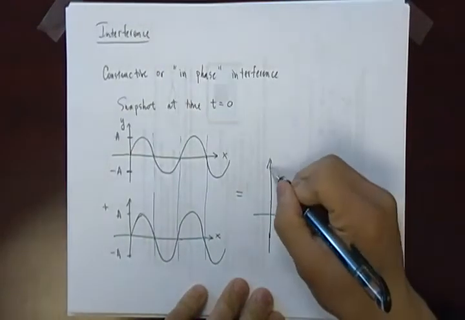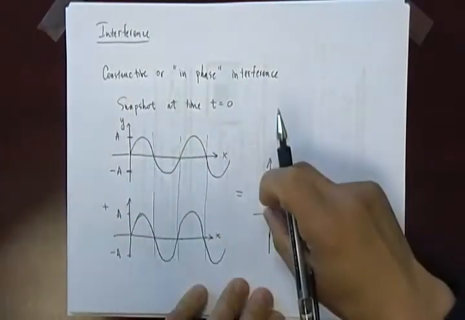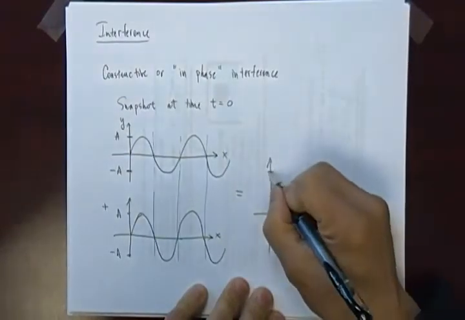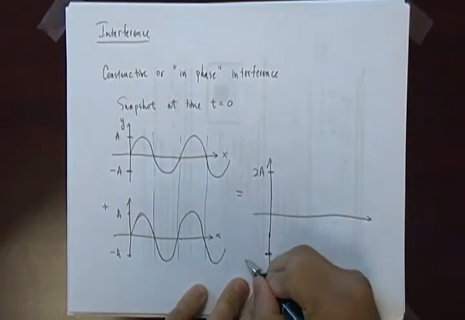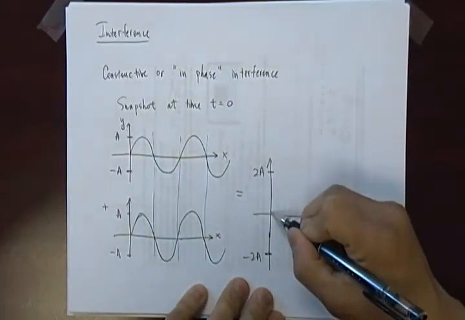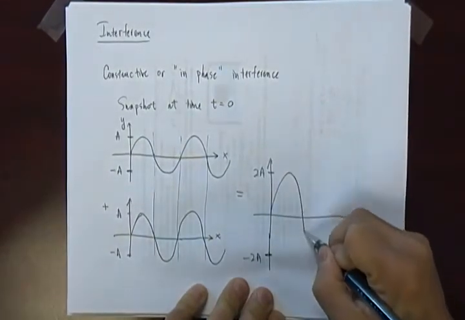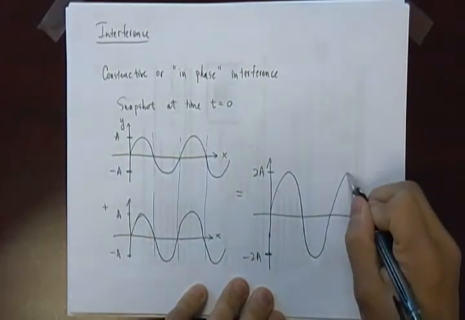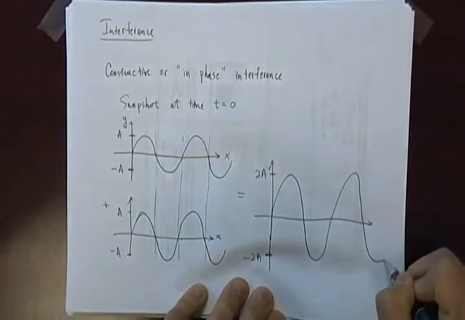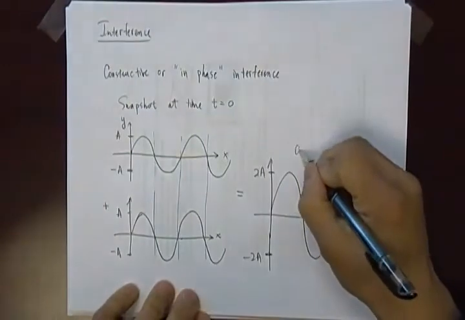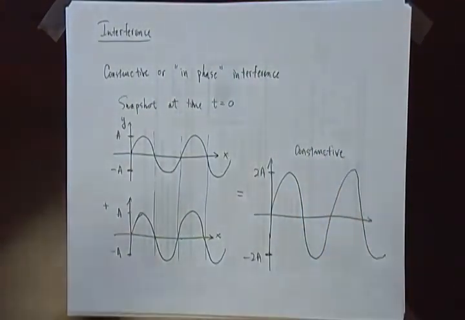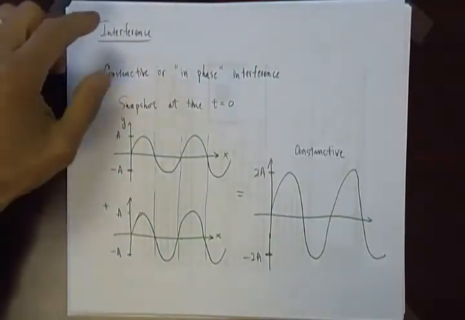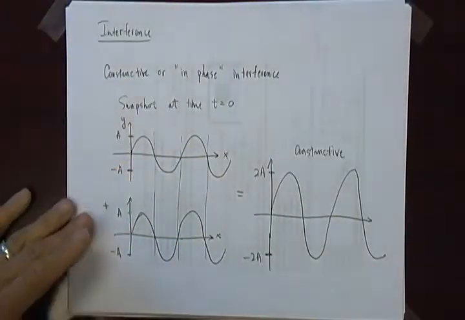This is A, so this is 2A, and way down here is minus 2A. So you have the big old wave with double the amplitude. That's constructive. They add together, they're working in cooperation, so that's why we call it constructive.